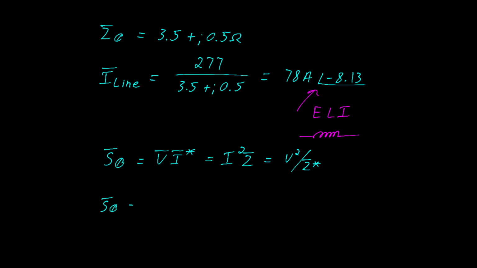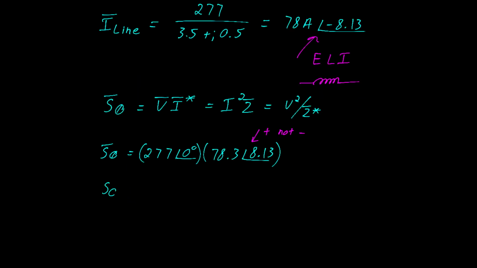So complex power is equal to the voltage, which in this case is 277 volts at a phase angle of 0 degrees, multiplied by the current, which is 7.8 at a phase angle of negative 8.3. But you'll notice we're using a positive angle because we're taking the complex conjugate of the current.